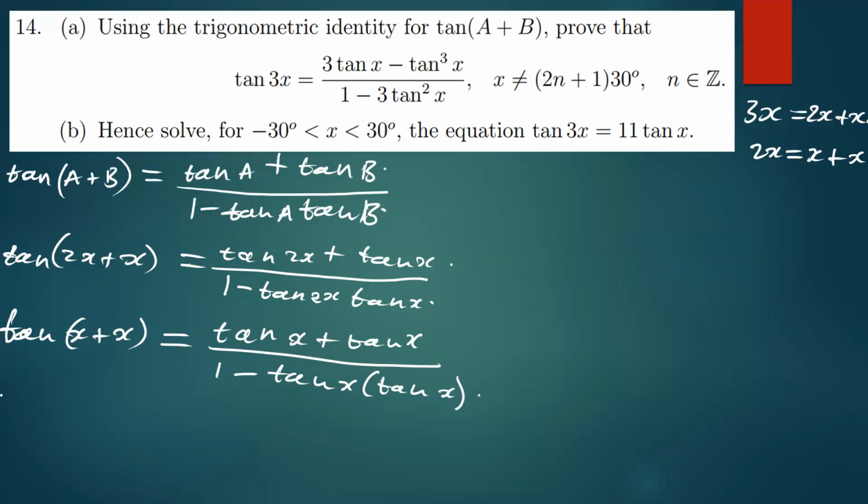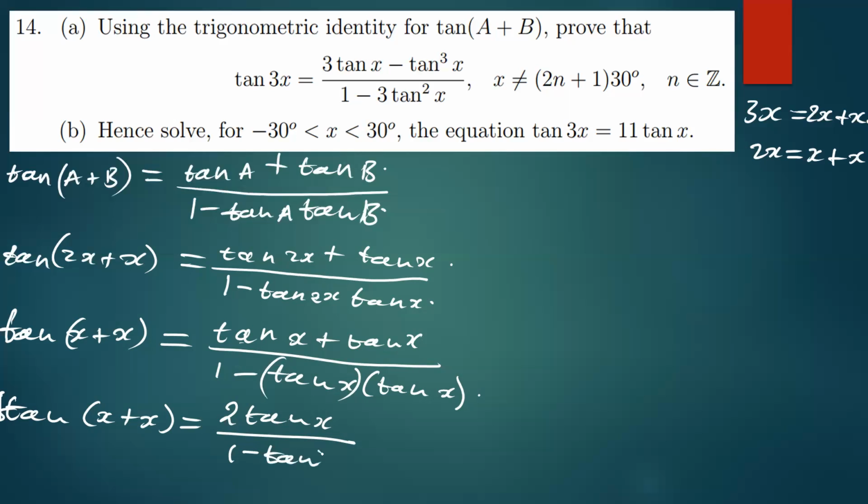When you simplify this, on top we have 2 tan x, then down there we have 1 minus tan squared x.